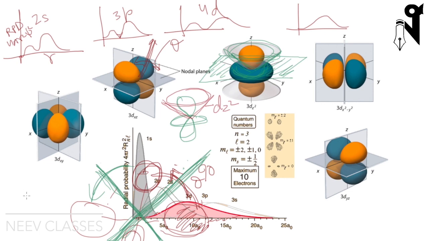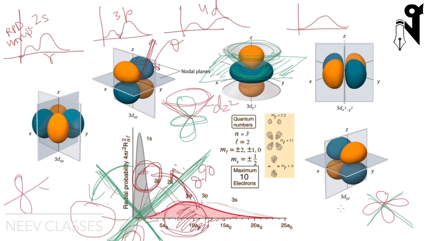So we saw that the p orbital was having one nodal plane. We are seeing that d, which is a double flower, double dumbbell, is having two nodal planes, 1 and 2.